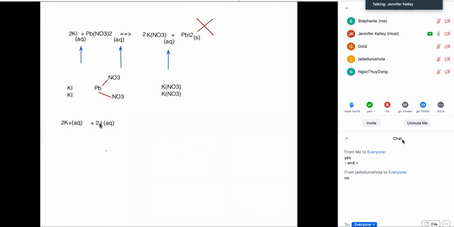And that's not 2I, that's 2 I minus. So what about the lead? How many lead will I have? If the lead's separated from the nitrates, how many lead would I have? 1. Good.